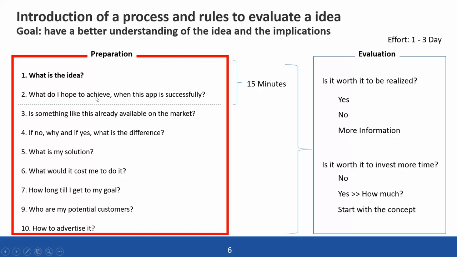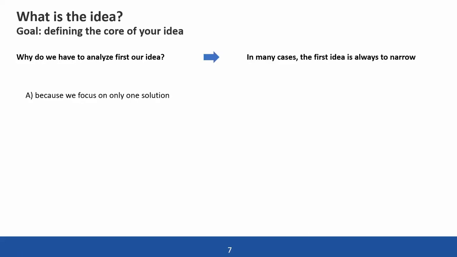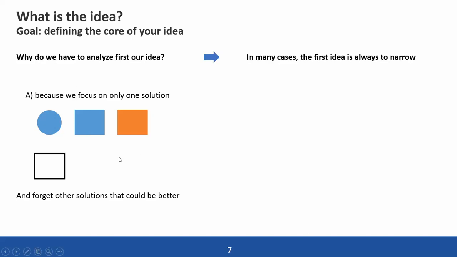So now let's start with: what is the idea? You think, why do I need this? I mean, I know what my idea is, but in many cases I have experienced that the first idea is perhaps too narrowed down. One problem is that perhaps you think of only one solution, and you're missing other potential solutions that could also be capable, or perhaps better, because you started with one focused idea and then went on and saw in the end, I didn't see this, and then you have to add it, and it perhaps costs you more.